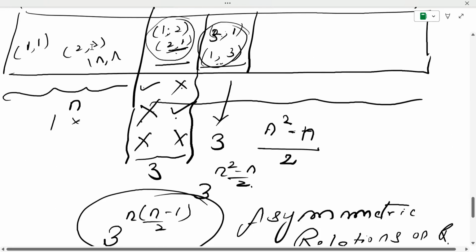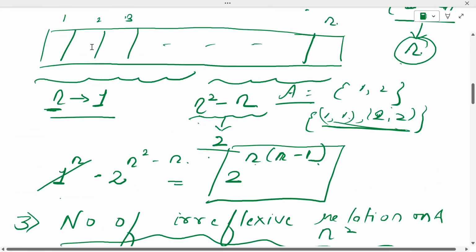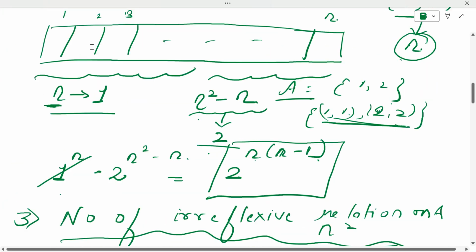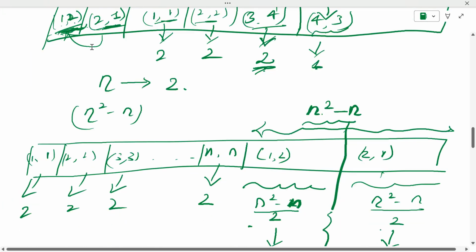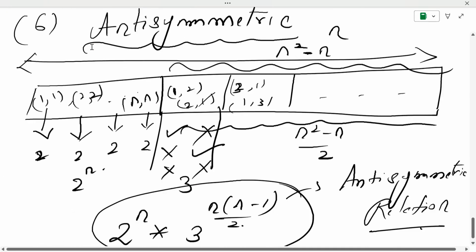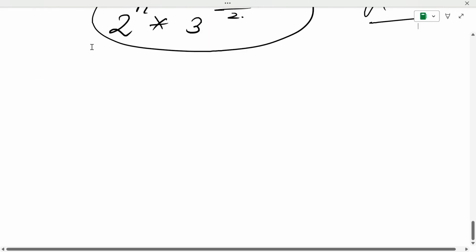And I think altogether we have discussed six factors: total number of relations, reflexive, irreflexive, symmetric, asymmetric, and antisymmetric. So altogether six types of results on this counting part.